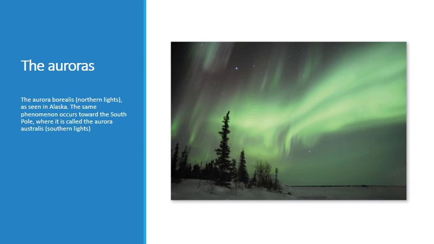As best as we can tell, the ionosphere has no impact on our daily weather. But that layer of the atmosphere is the site of a really spectacular phenomenon, the aurora. This is a picture of the aurora borealis, or the northern lights. There's also a similar phenomenon in the southern hemisphere called the aurora australis, the southern lights.